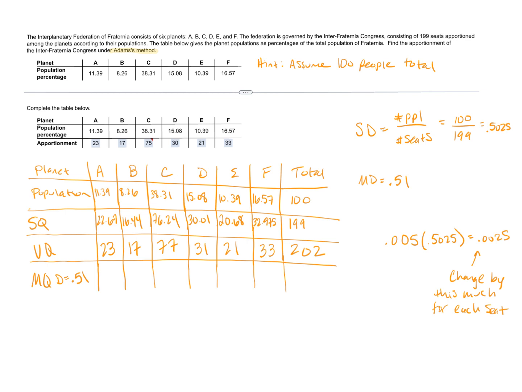Let's see. I take each population and divide by the new divisor.